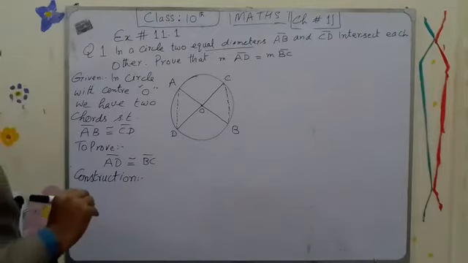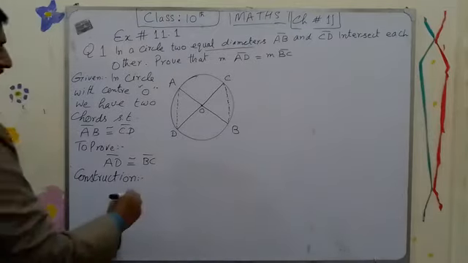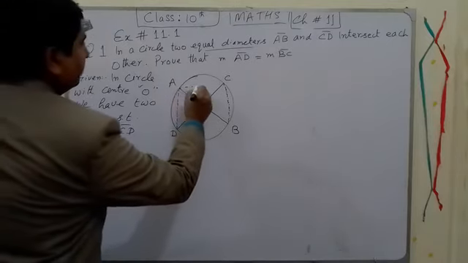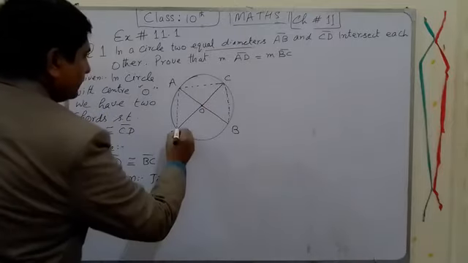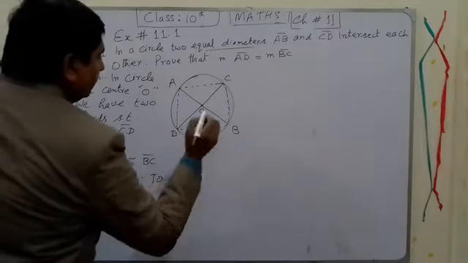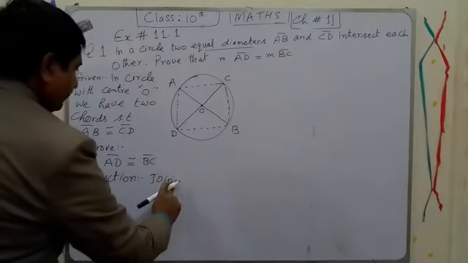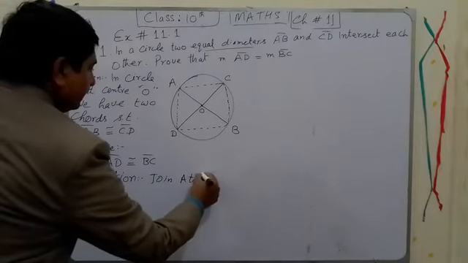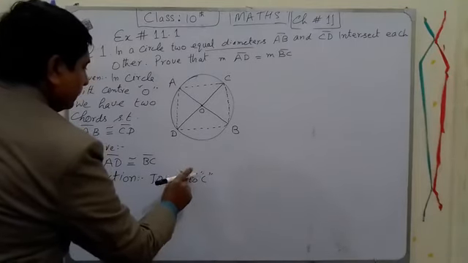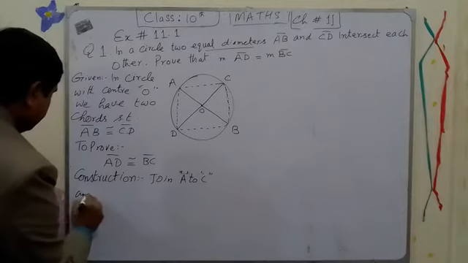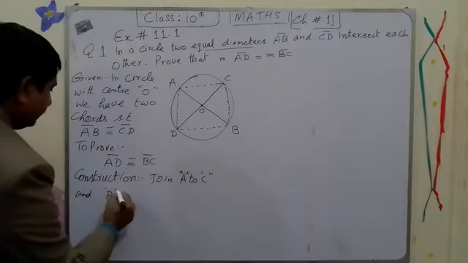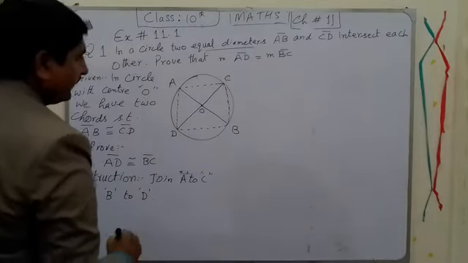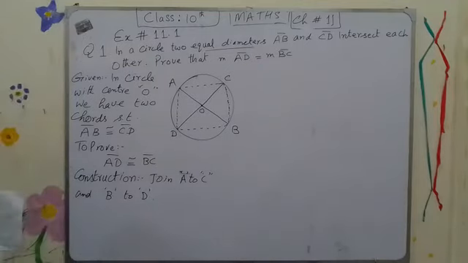Right, join the points A to C and D to B, right? Join A to C and B to D. One thing is that we join these two things.